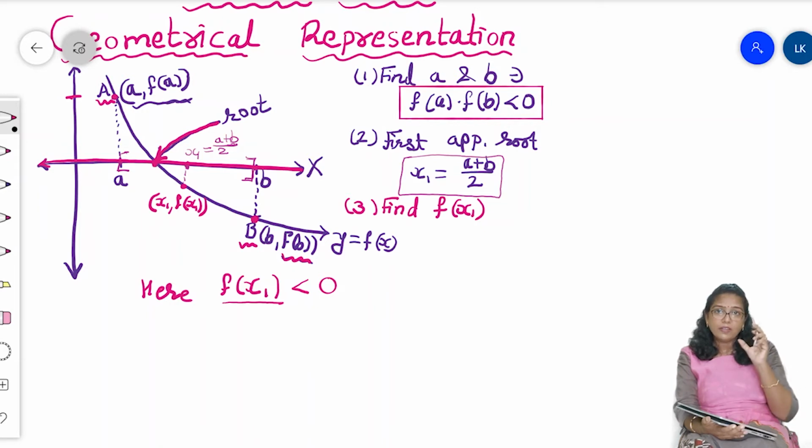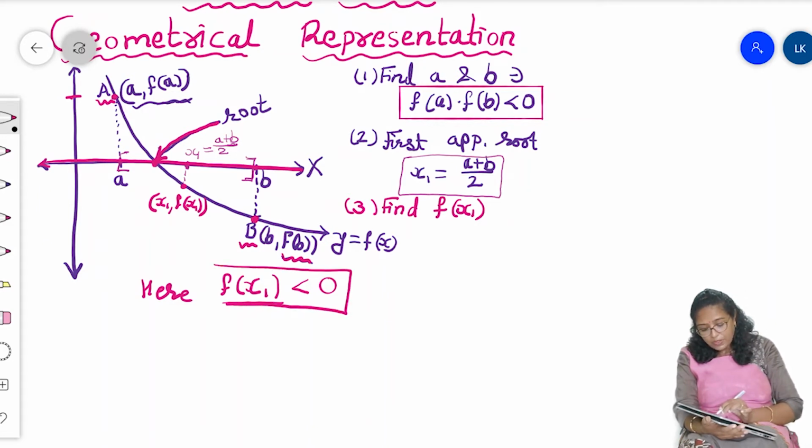We know the standard theorem: if f(a) times f(b) is less than 0, then in the figure f(a) is positive, f(b) is negative, and it always intersects the x-axis. Here f(x1) is negative, so choose a positive value such that the product of these two numbers must be less than 0.